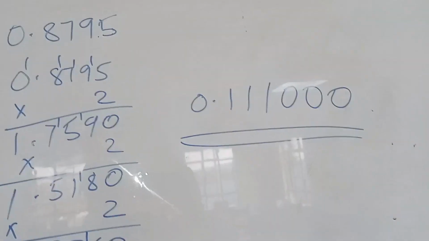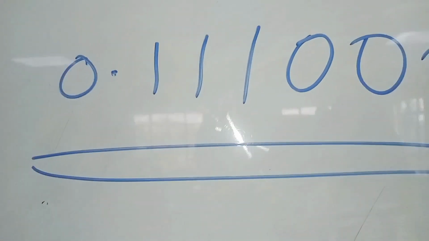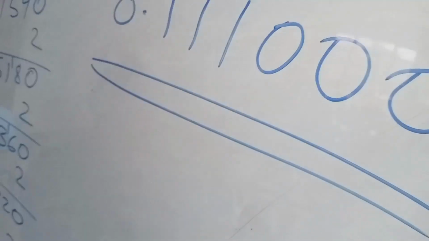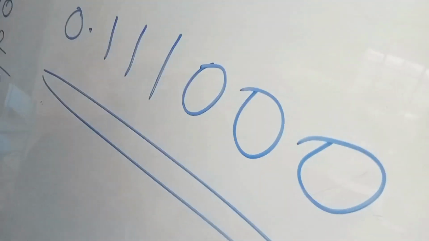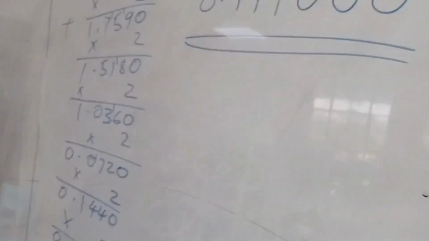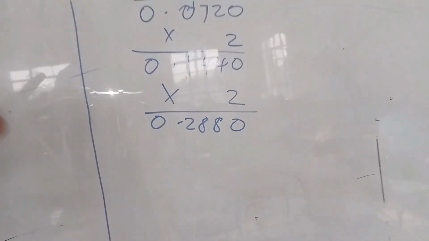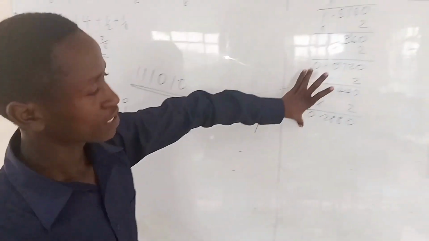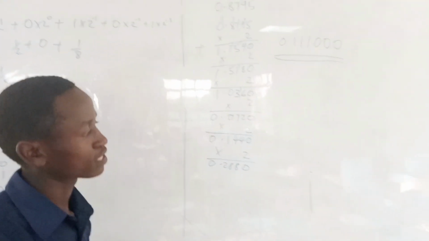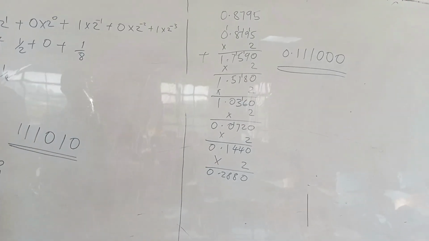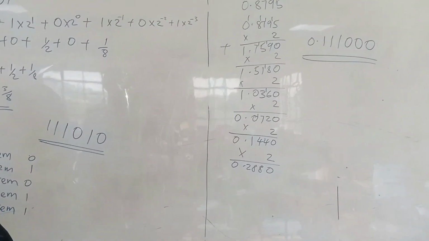So once again, this is what we are getting. We have decided to go up to 6 places. Remember that it is not exact, but at least it's a reasonable decimal point. So that is what you normally do with decimal numbers if you are converting to binary numbers. So that is all about binary numbers. We shall continue from there.